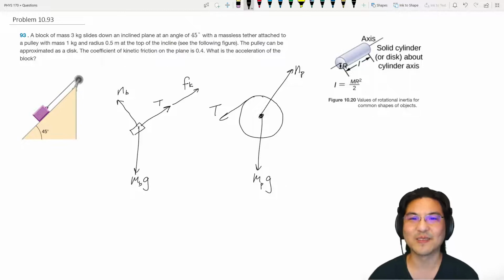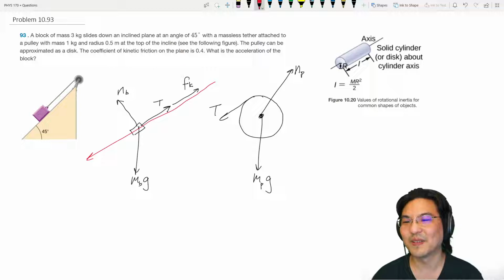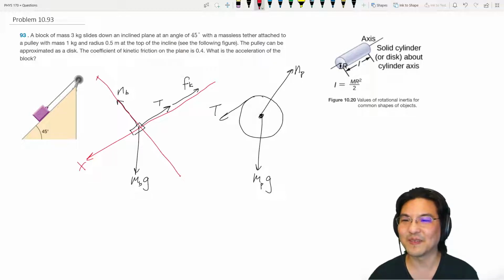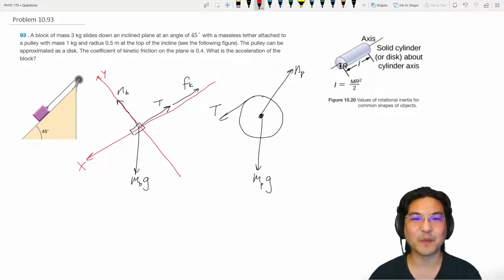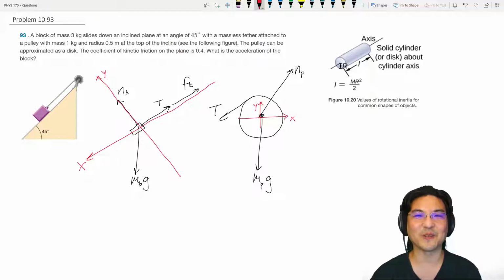Let's pick coordinates. So if the block is going down the ramp, how about I'll call that x, and then perpendicular to that, just call that y. For the pulley, I'm going to pick my origin here at the axis of rotation. And how about if I say this is x, this is y, which way is z? So practice your right-hand rule.